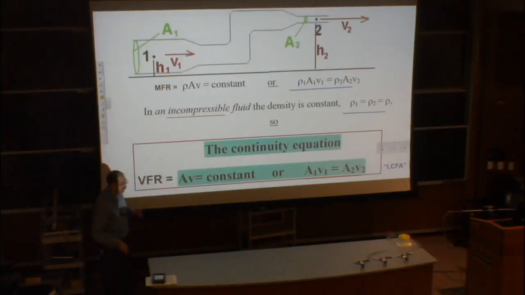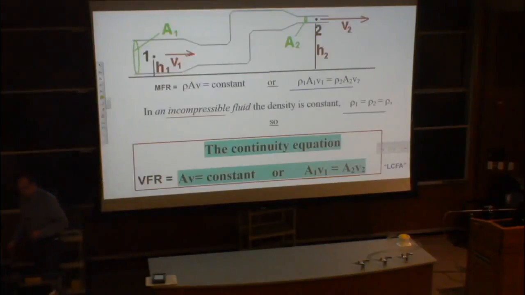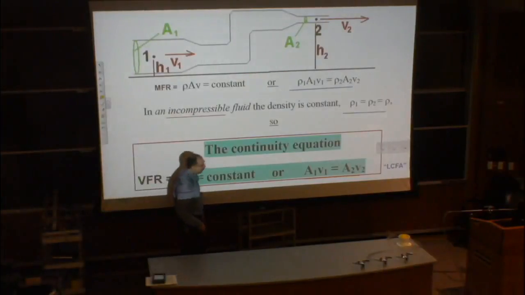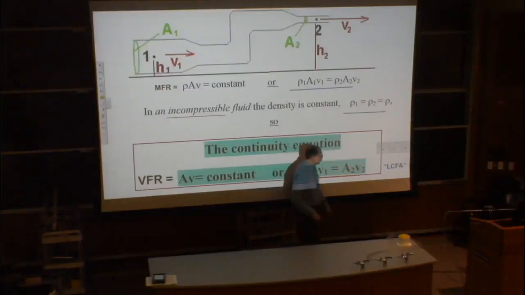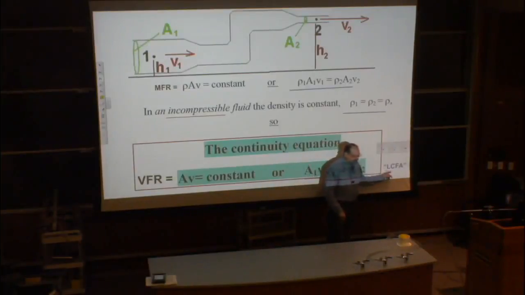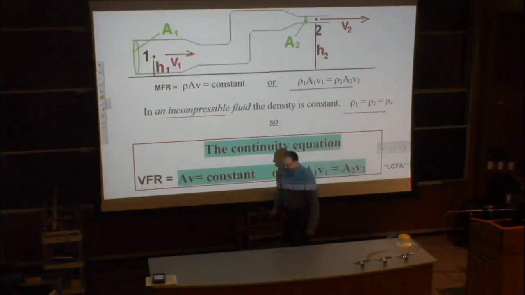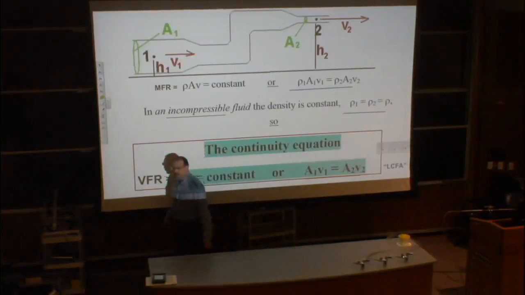Volume flow rate. How many liters per second? How many meters cubed per second? And again, this looks like a law of conservation. So sometimes people used to call it the law of conservation of flow amount.